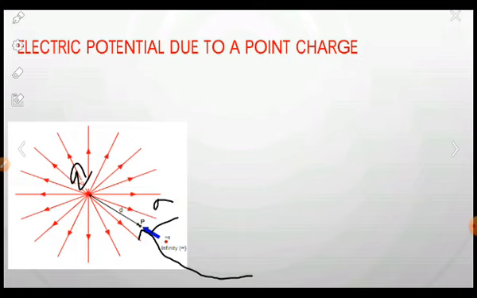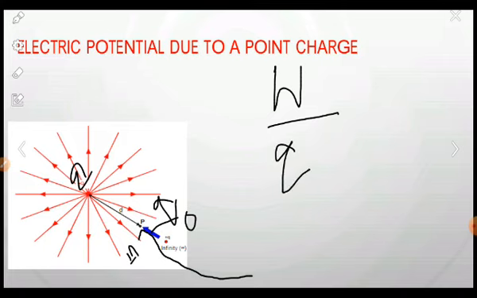So this is Q naught, and when this Q naught is brought into the field from infinity to the point A, then an amount of work is done. The work done on the unit positive charge, W divided by Q naught, equals electric potential.